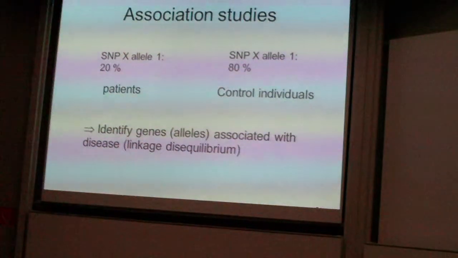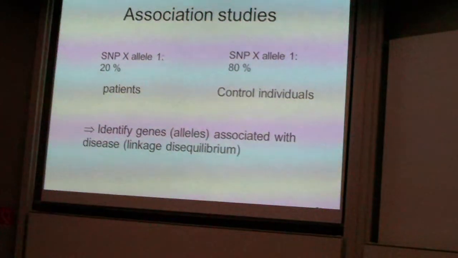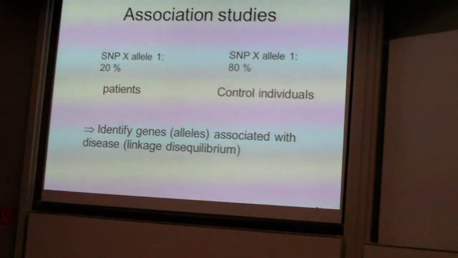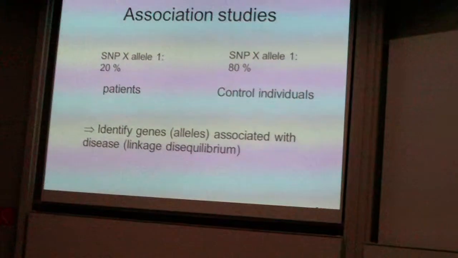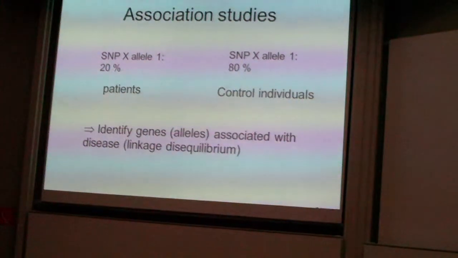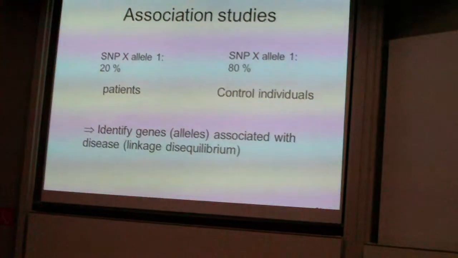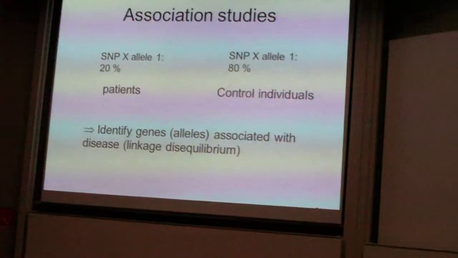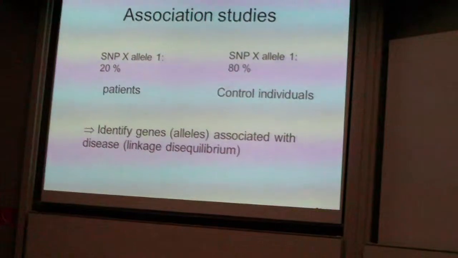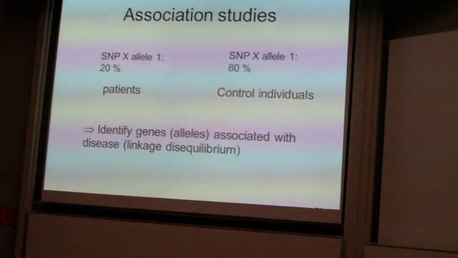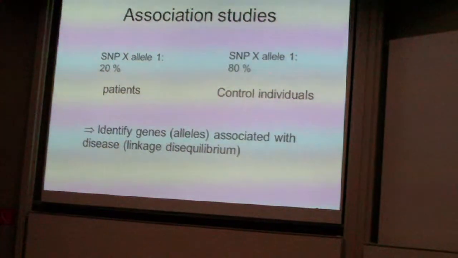A very simple study for association could be if you want to find out whether a particular SNP on a particular chromosome is associated with your disease. So you just take diseased individuals and healthy individuals, and you look at the frequency of that particular allele in your patient group and in your healthy controls.